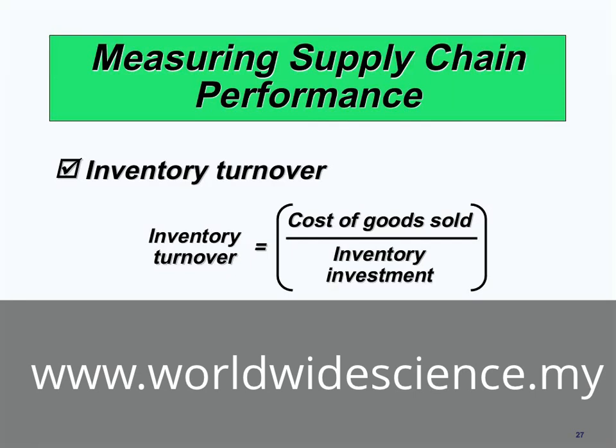Cost of goods sold is the cost of the product sold by your company, divided by inventory investment, the amount of money you have invested in inventory, such as purchasing raw materials. When these two numbers are divided by each other, it gives you a number that's called inventory turnover.